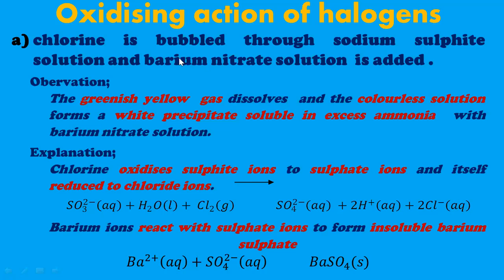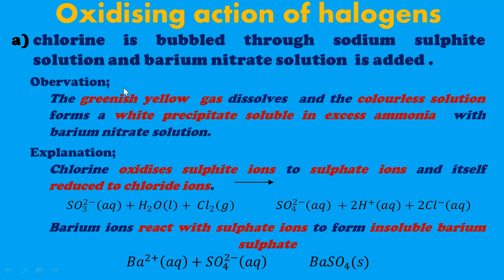So just as in the last equation we have seen, the barium nitrate is here to test for sulfate ions by formation of a white precipitate. But the sulfate ions are formed from the oxidation of sulfite ions from sodium sulfite. What oxidizes the sulfite ions to sulfate ions is the chlorine.